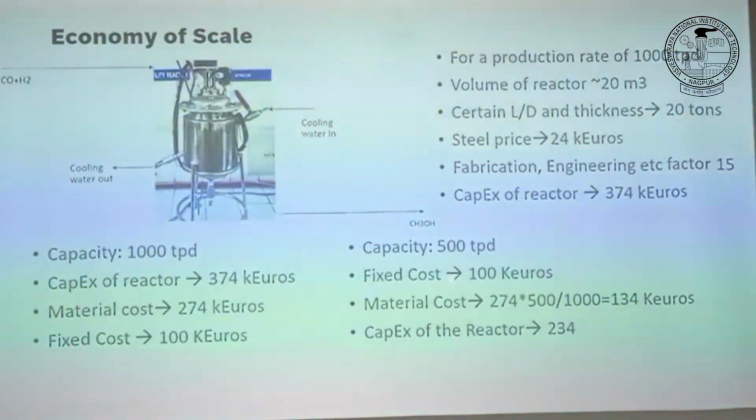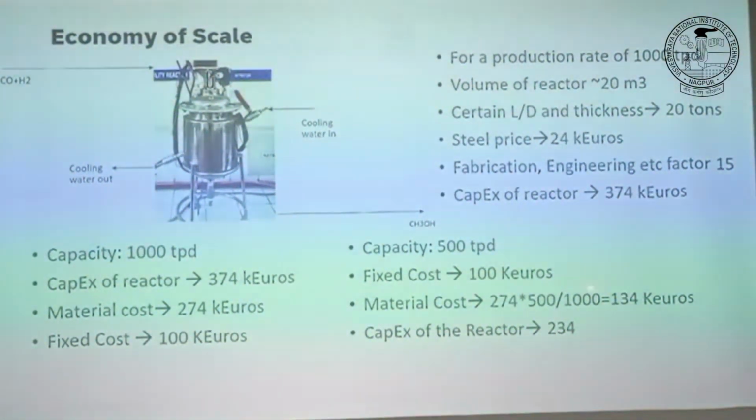If I go from 1,000 to 500 tons per day, my fixed cost will remain the same, right? Because fixed cost is something which is not linked to your capacity. Fixed cost is, you will have it in any case, like transportation, some other costs, and material cost will be, let's say, now I don't need 20 tons, I need only 10 tons, or the other way around.